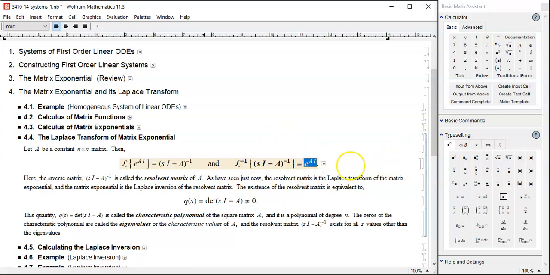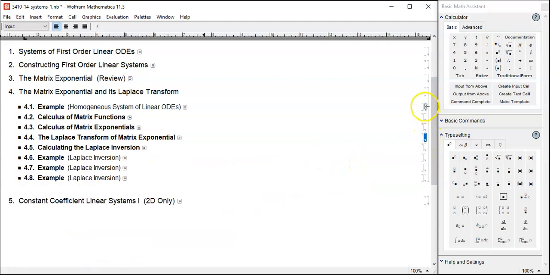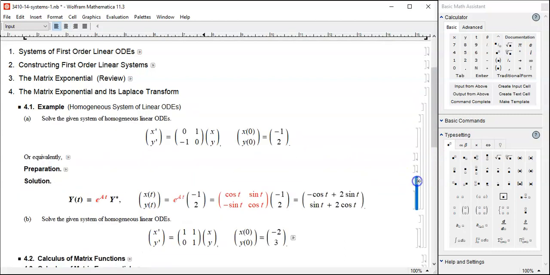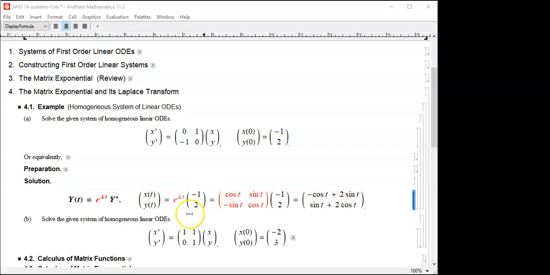And then once you have this matrix exponential, then matrix exponential times either initial condition or in general C1, C2, then you're going to get the solution of your system. I mean C1, C2, what am I talking about? I'm talking about this.